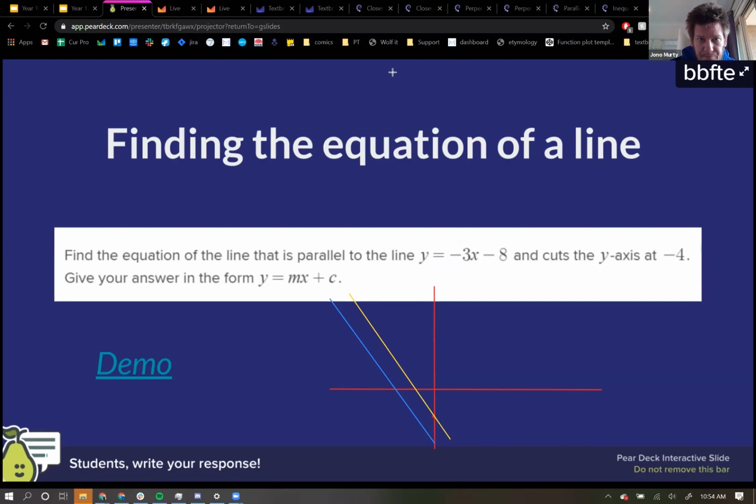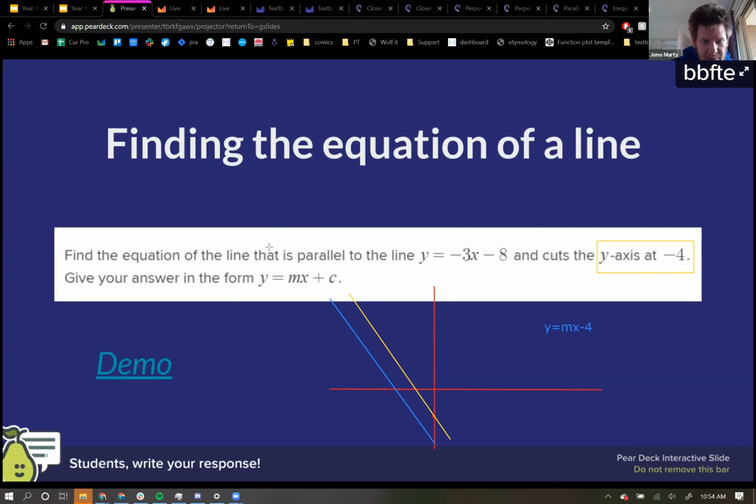Firstly, we know it cuts the y-axis at minus 4. So straight away, I know my equation is going to be y equals mx minus 4. This is the y-intercept. It's always this part of my equation. Now, what else do I know?